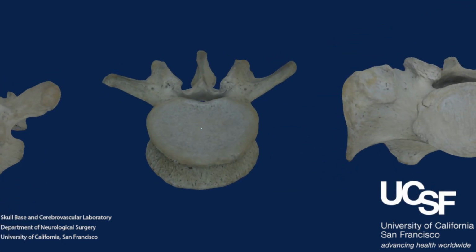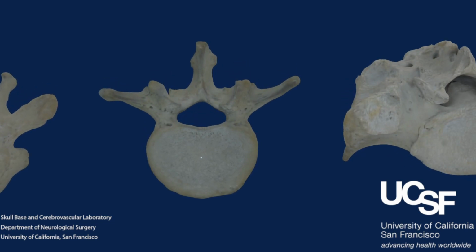The body is going to be connected by 2 bridges, which are the pedicles, with a structure that has more of a triangular shape named the vertebral arch. The vertebral arch encompasses different processes.